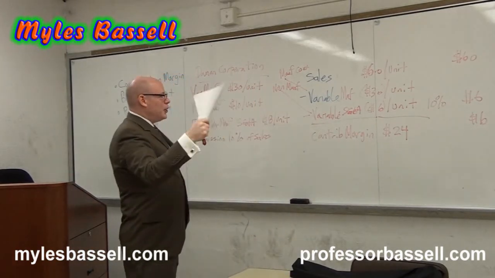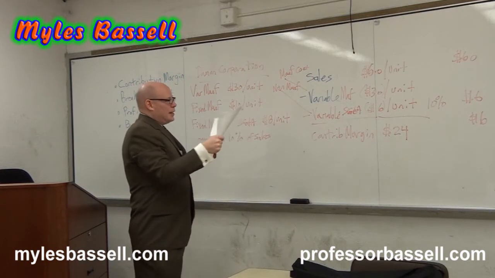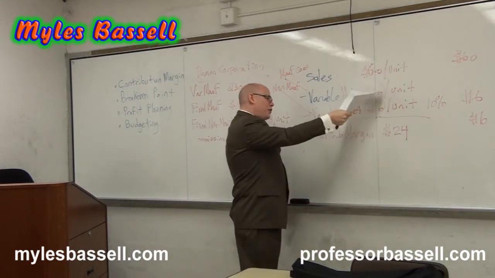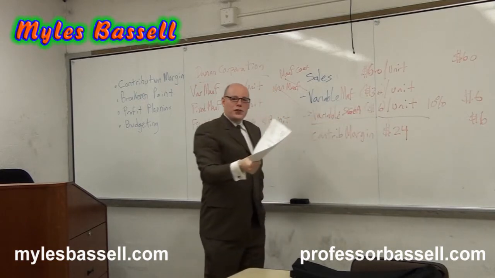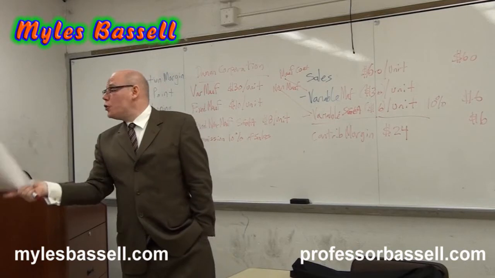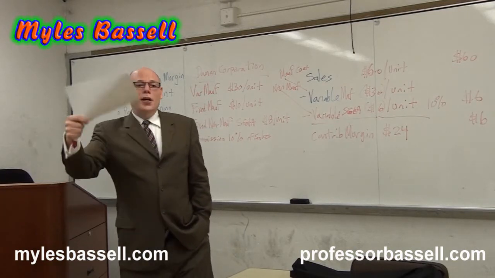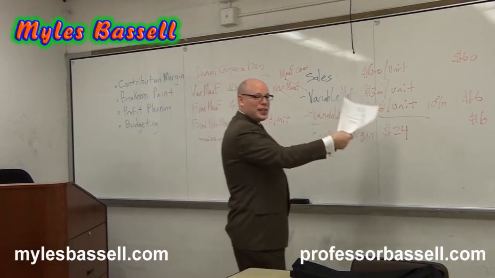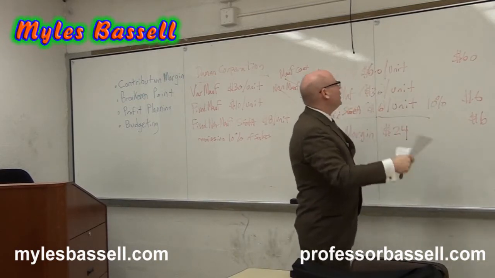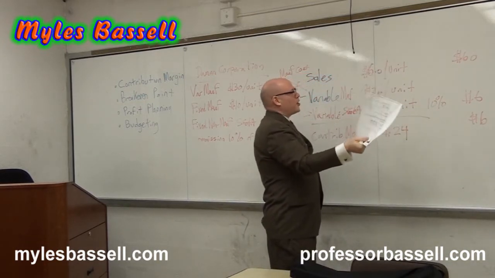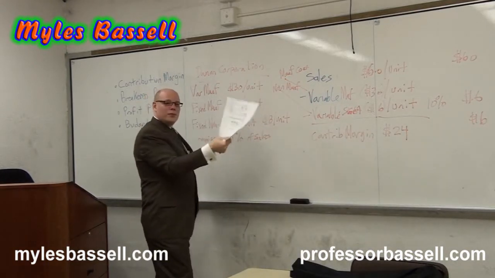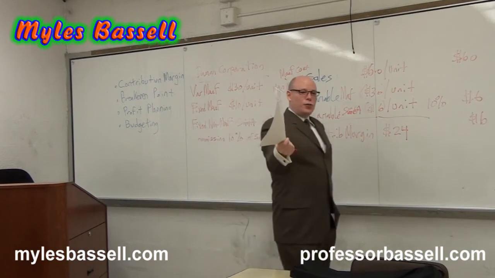We know this is the price, these are our variable costs, and these are our fixed costs, and that's our contribution margin per unit. But we haven't said how many units we sold. Once we take that into account, approximately per unit within the relevant range is $10 per unit.